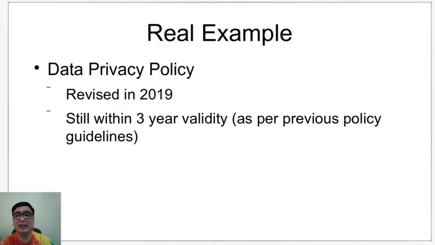So the real example here is the data privacy policy, which was revised in 2019. At the time of recording, this is still within the 3-year validity for the policy. So even with the new policy guidelines, we still prescribe a 3-year validity for our policies.